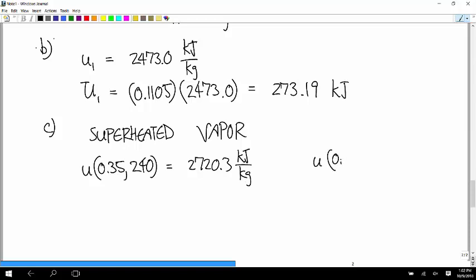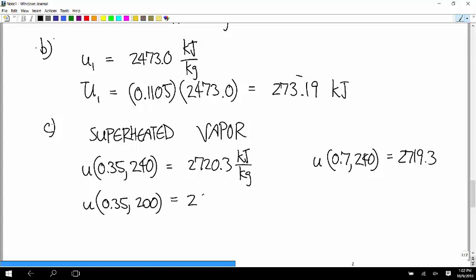U at a pressure of 0.7 bar and a temperature of 240 is 2719.3. At a pressure of 0.35 bar and a temperature of 200, it's 2660.4. And at a pressure of 0.7 bar and a temperature of 200, it's 2659.1.